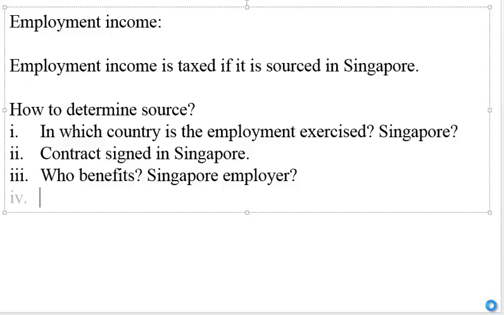Even if you are working outside Singapore, if your pay is coming from Singapore, that means your employment is in Singapore. Who bears the remuneration cost? These are the factors that will be considered whether the source is in Singapore or not. If it's sourced in Singapore, it should be taxable.